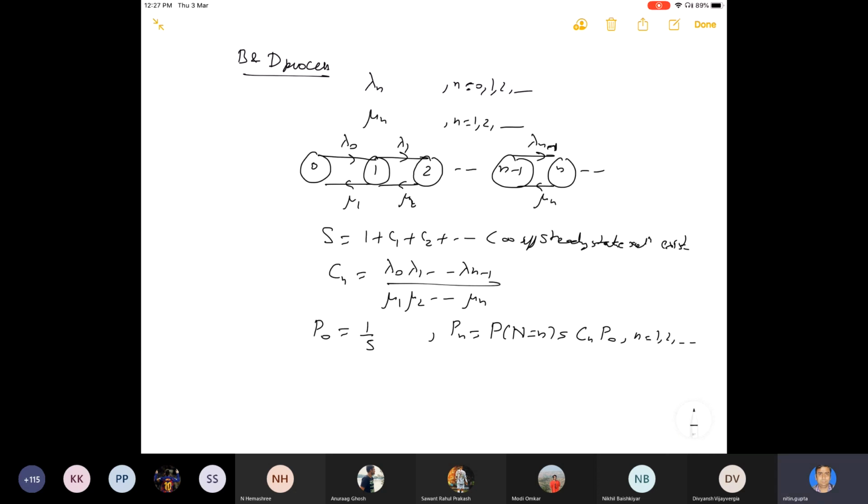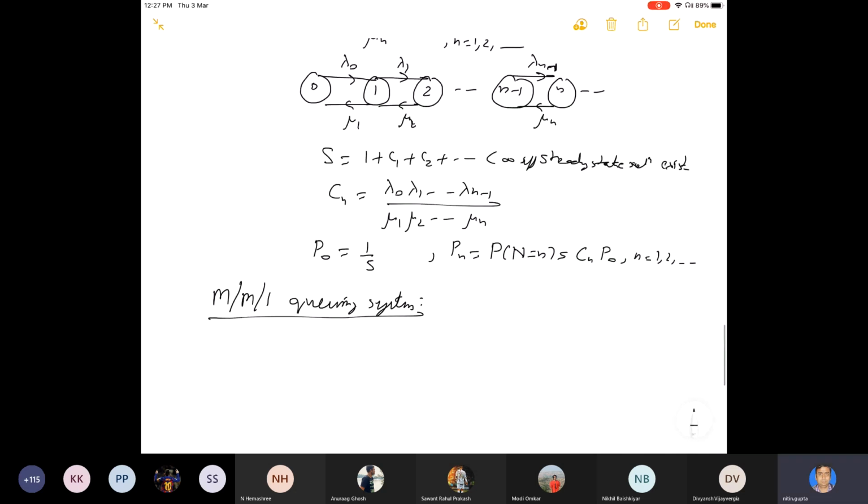So this is the birth and death process. Now, let us start with a particular case of the M/M/1 queuing system. That means inter-arrival times are exponential, which means a random arrival pattern.